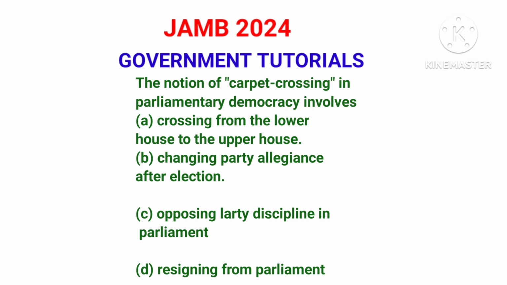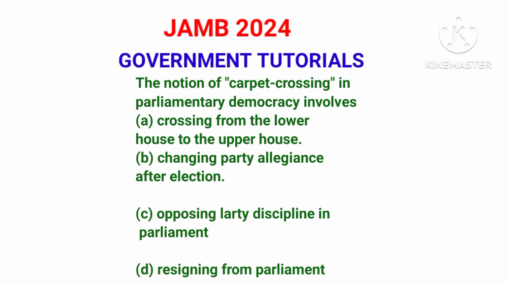Now let's look at the options and choose the correct answer. Option A, crossing from the lower house to the upper house. That's not carpet crossing. Carpet crossing doesn't involve moving from the House of Representatives to the Senate. I already explained it to you. Option B, changing party allegiance after election.